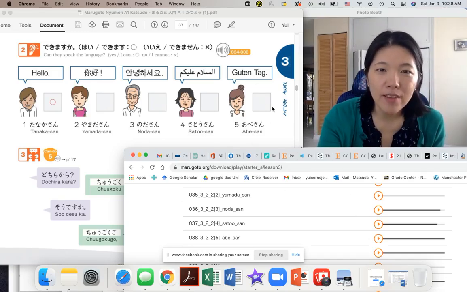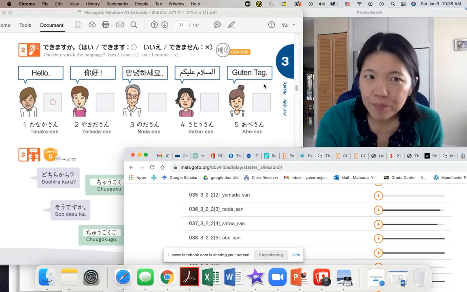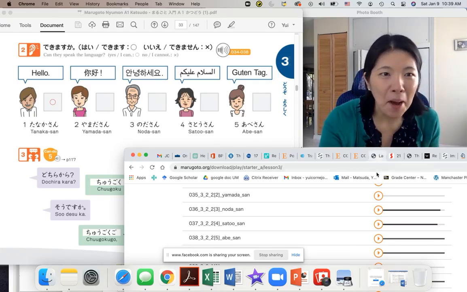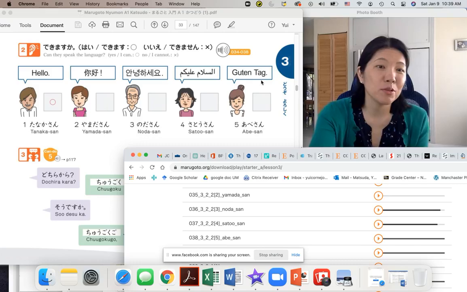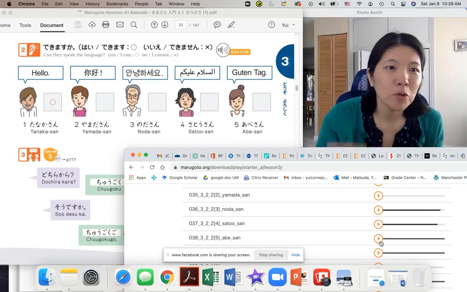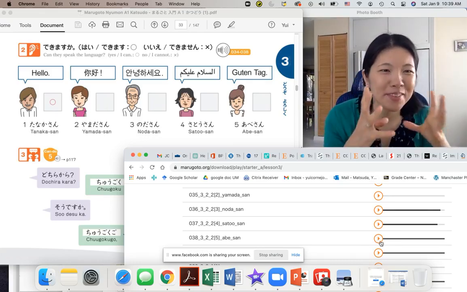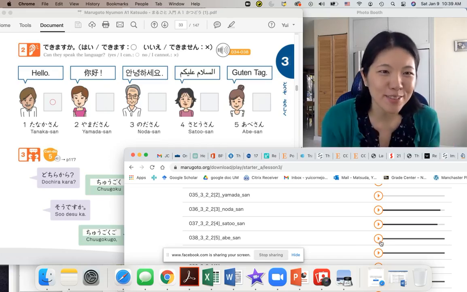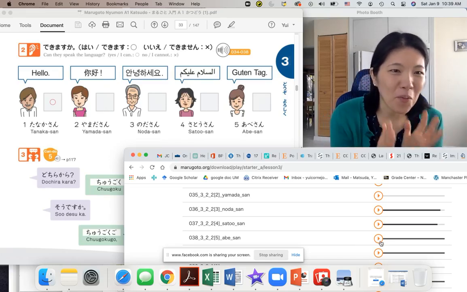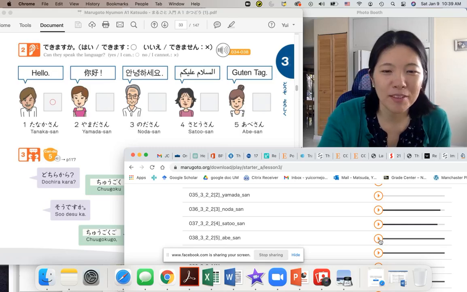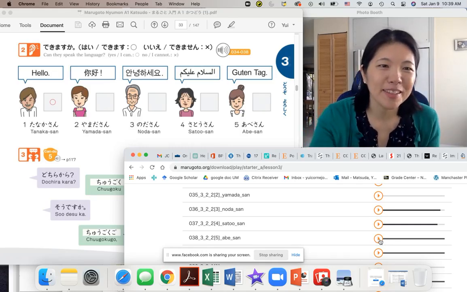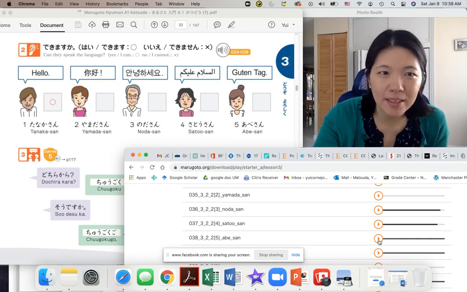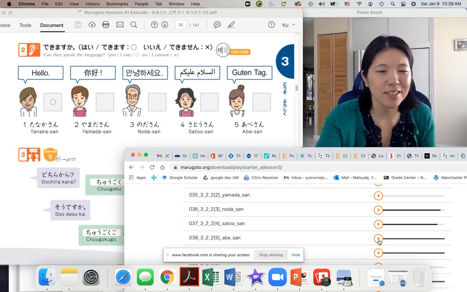So number 5, Abe-san, probably German. You don't have to know what these languages come from. You can still do the exercise, right? But the more familiarity you have with each situation, the easier it is to answer because you can focus on what to listen to. So that's why I'm giving a little bit of what the language is about. So Abe-san, whether she can speak German.